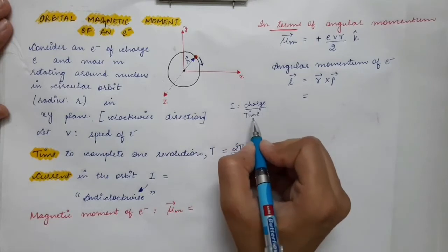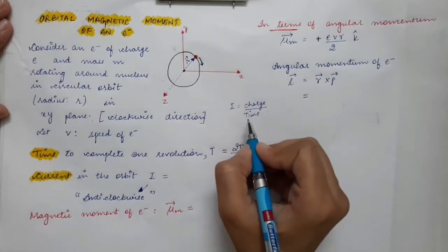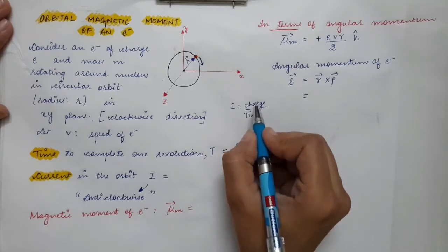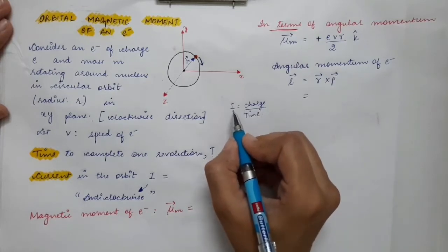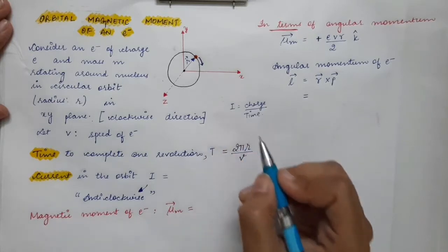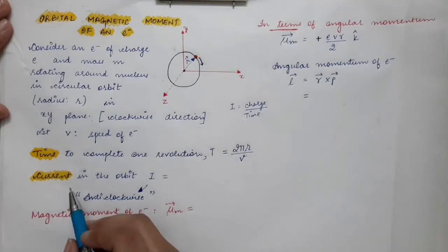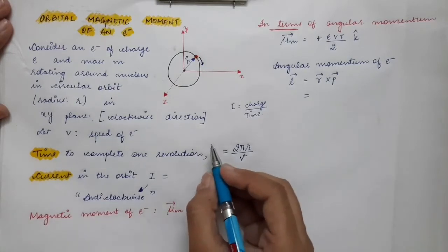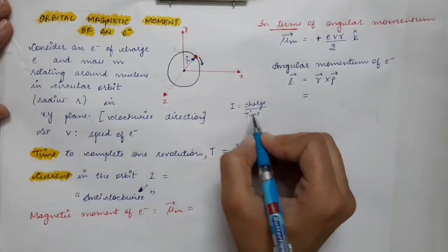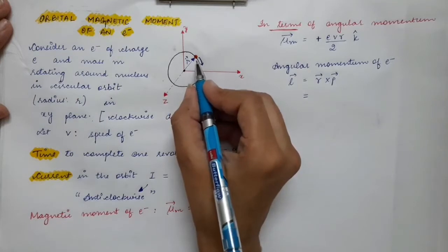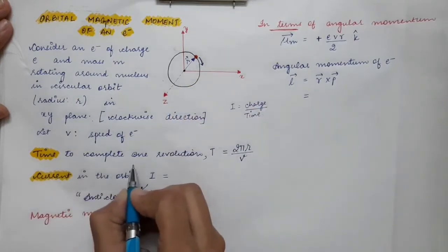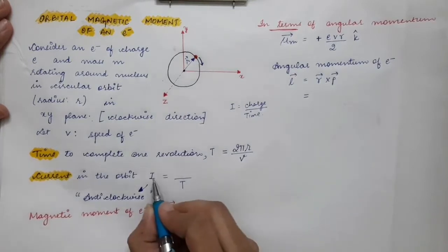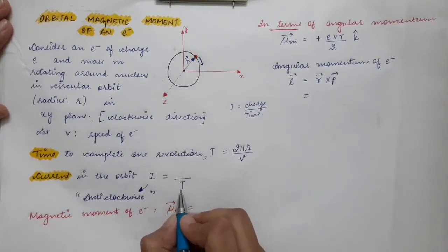So charge divided by time, or you can say charge per unit time. In unit time, whatever amount of charge is flowing, that will be equal to the current flowing in that circuit. So in this case, the current in the orbit will be equal to charge divided by the time. What is the charge which is flowing in one time period? The time period is equal to capital T. So current is equal to charge divided by the time.